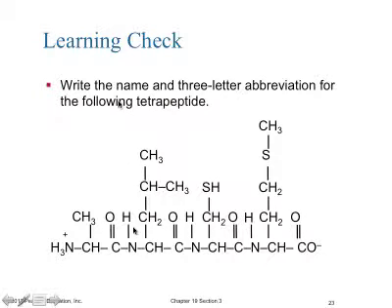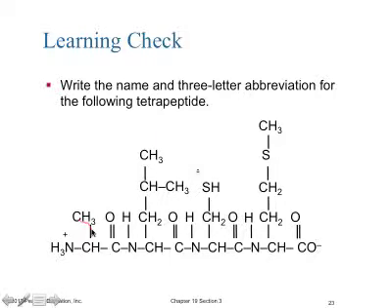All right, so write the name and three-letter abbreviation for the following tetrapeptide. So it is four amino acids. I tried to fix this formatting and I couldn't, so just a little clarification. That carbon that's bonded, that's good, those are bonded together, that's good.